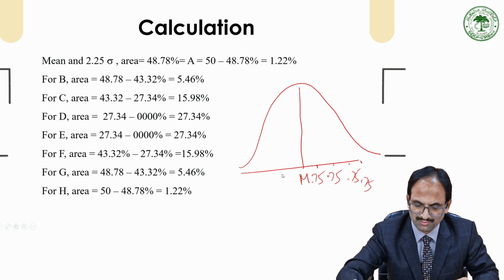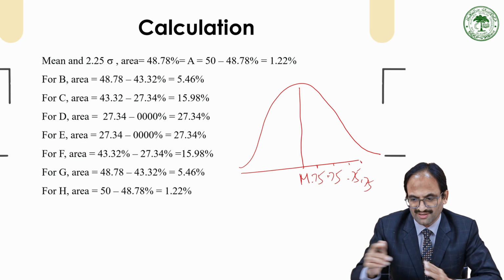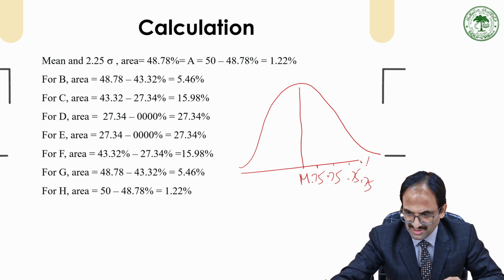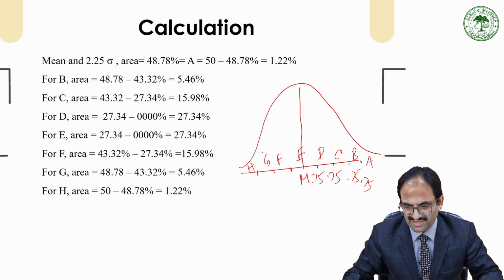Similarly, here also 0.75, 0.75 we have to. And then A, B, C, D, E, F, G and H. So, 8 groups will be there.